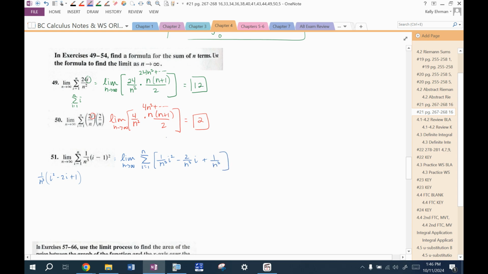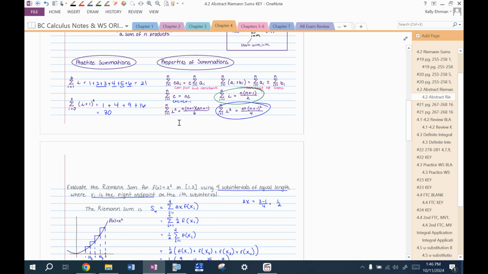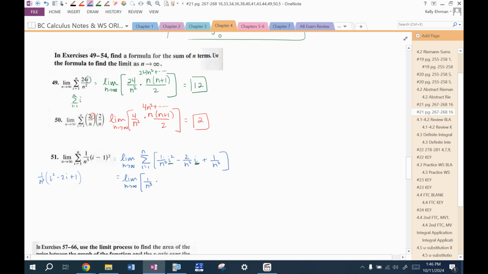I write it out like this so that I'm still going to be using the formula for the sum of i squared, the sum of i, and the sum of a constant. But I like having the coefficients already out in front so that I don't miss anything. So the summation symbol is gone because I'm using this rule. I've got 1 over n to the third. And then let's look back at the sum of i squared. Right here, the sum from i equals 1 to n of i squared is n times n plus 1 times 2n plus 1 all over 6.